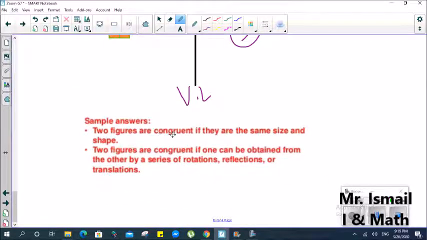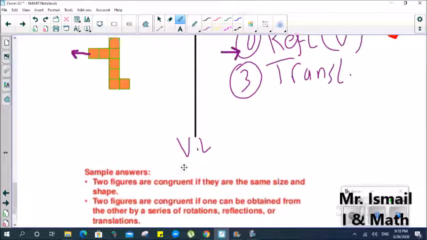Two figures are congruent if they are the same size and same shape. The two figures are the same shape and same size. That means they are congruent. How do I know that the two figures have the same size, same shape? They must be matching each other. So two figures are congruent if one can be obtained from the other by a series of rotation, reflection, or translation.